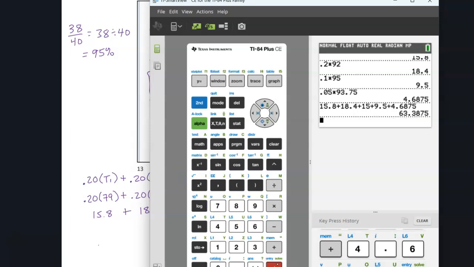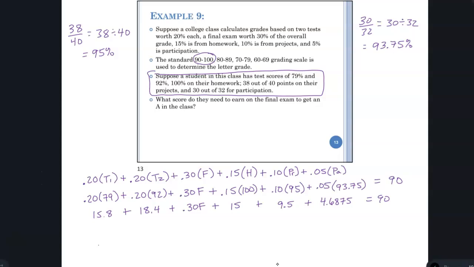And that gives me 63.3875. So that's what I get when I add all of these constant terms together, but then I still have this plus 0.30F, and this is still equal to 90. So all I did there was combine some like terms, and now I'm going to solve this equation.